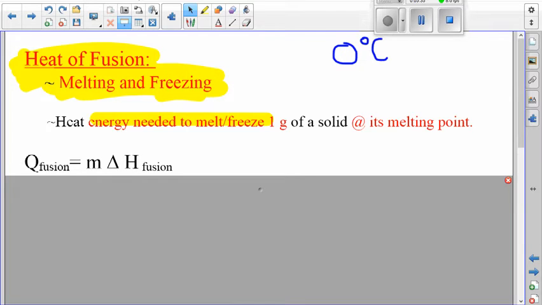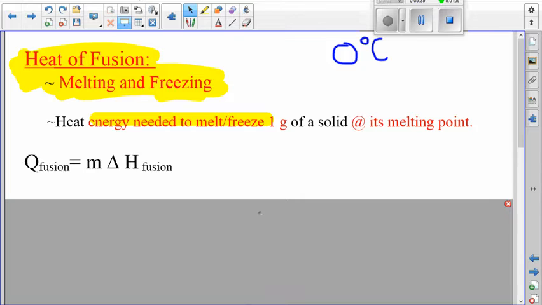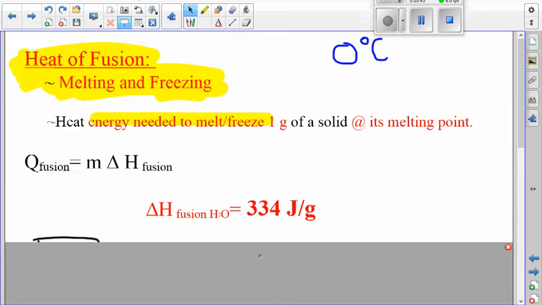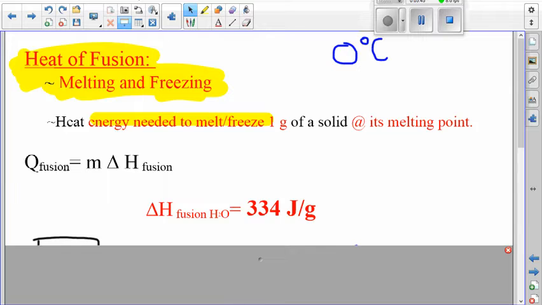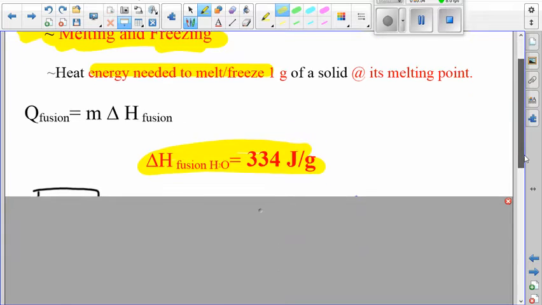So that lower bridge is called the fusion bridge. And that price, which you do not have to memorize, but I would write it down, is 334 joules per gram. That's the magic number, 334 joules per gram. That is just the cost to go across the lower bridge, the fusion bridge.